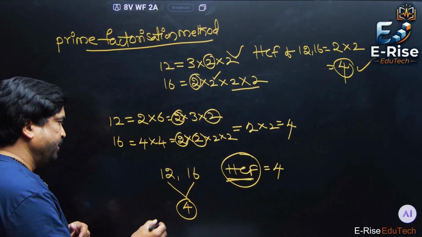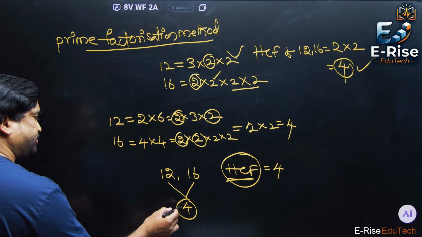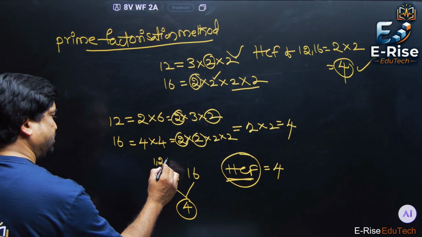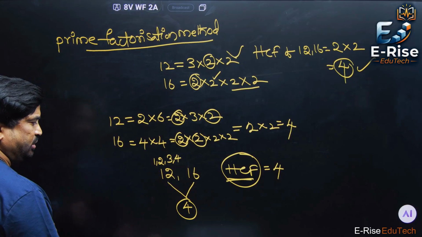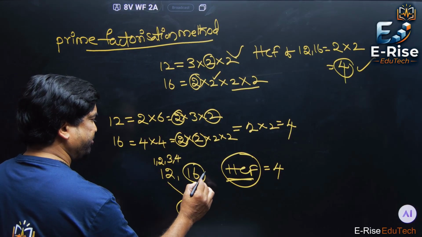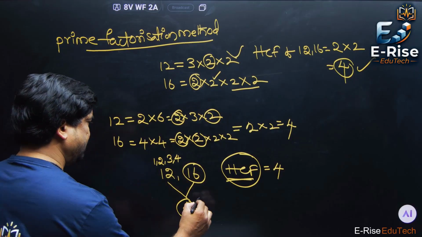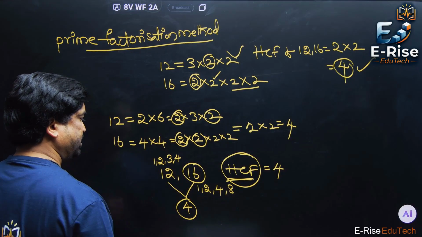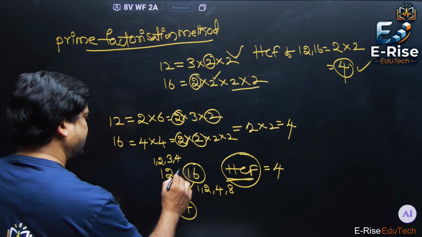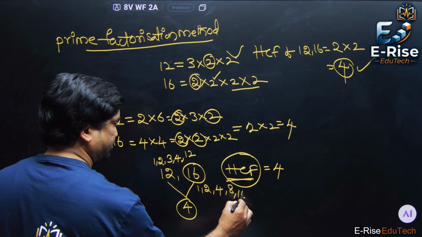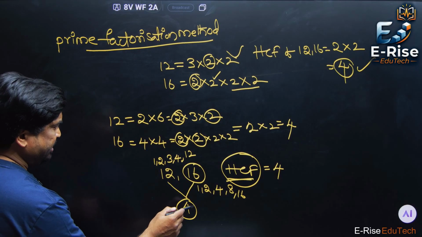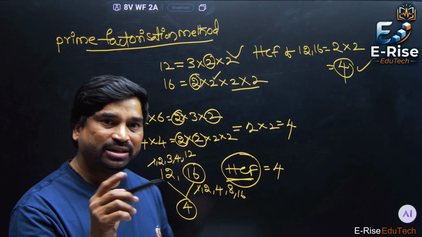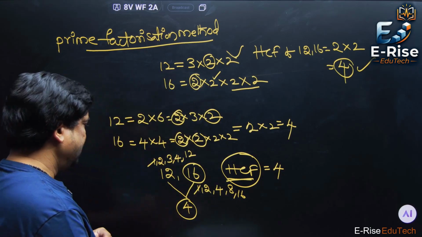How to check it? The factors of 12 are 1, 2, 3, 4, and the factors of 16 are 1, 2, 4, 8. Common factors are 1, 1, but that is the least common factor, not the highest.